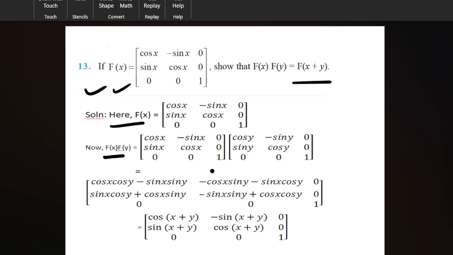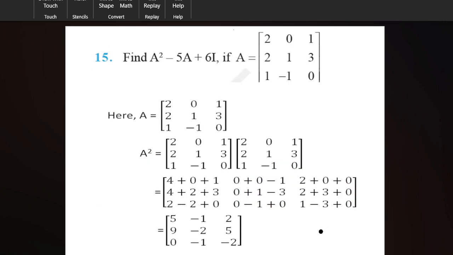So f of x into f of y will be the multiplication of these two matrices. If we multiply this, then we can use the trigonometric identities. Then we'll get cos of x plus y, minus sin of x plus y, 0, then sin of x plus y, cos of x plus y, 0, 0, 0, 1. This is nothing but f of x plus y. So very easy to prove. Thus, we should apply the multiplication of matrices very carefully.